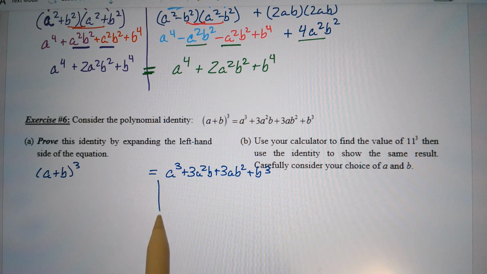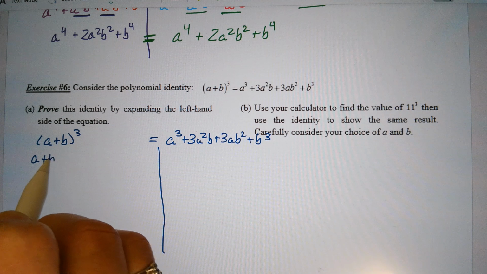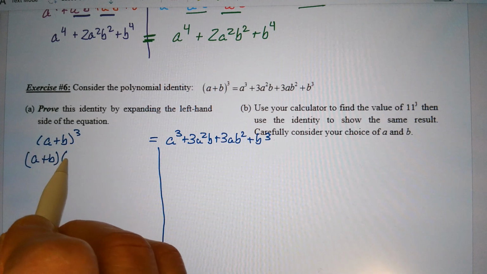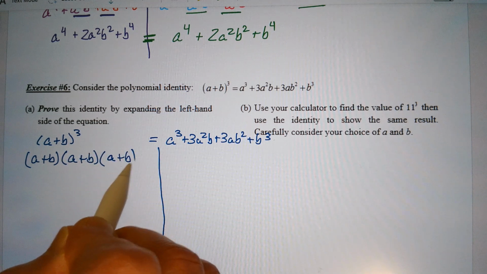Hopefully I left myself enough room. A plus b raised to the power of 3 is a plus b times a plus b times a plus b.